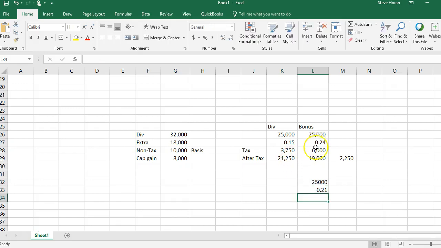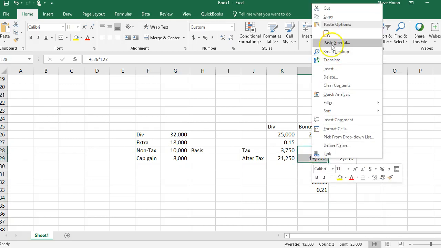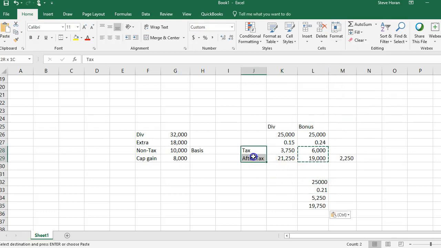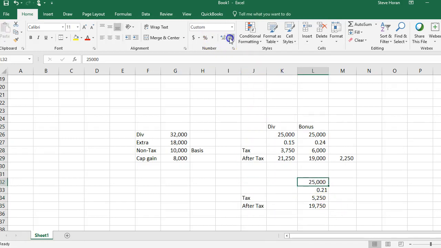So let's kind of do the same thing. I'm going to copy some formulas here. Okay, and I'm going to copy these down. Okay, so this is Rover. This is Rover paying the bonus.